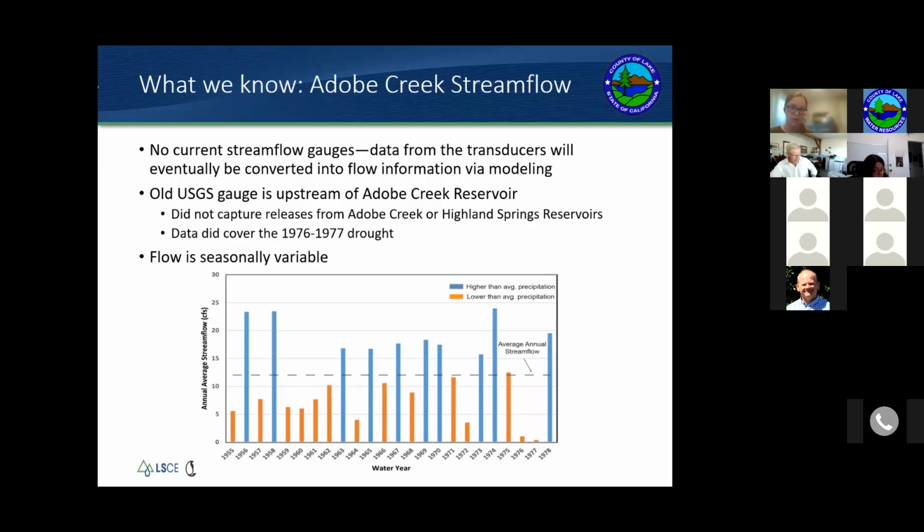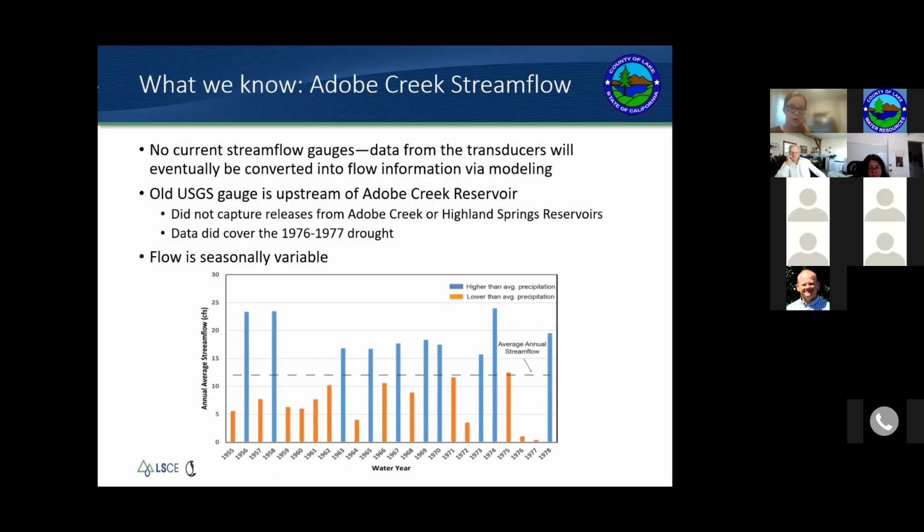And the transducers that were placed in by the Rancheria back in 2018 are not collecting stream flow data, but as I understand it, correct me if I'm wrong, Anna or Sarah, the information that you're collecting will eventually be able to be used for some sort of modeling to get stream flow information. Yeah, I think they need a little bit more data to be able to calibrate the transducers to translate the stage into flow. Okay, that's kind of my understanding.